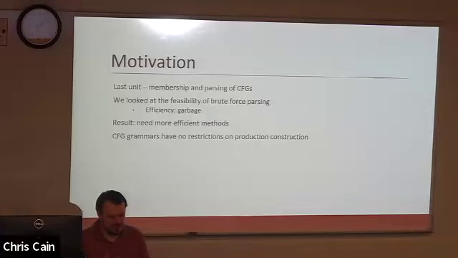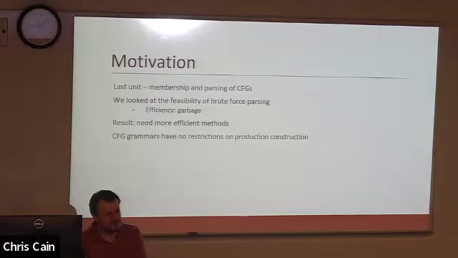So in general, we have no restrictions on our production construction. We said that as long as there is a single non-terminal on the left, there could be any number of terminals and non-terminals on the right-hand side of that production. We did find that in the last slide deck we could remove any lambdas, as well as make sure that there were, what was the other rule? There was one other rule.